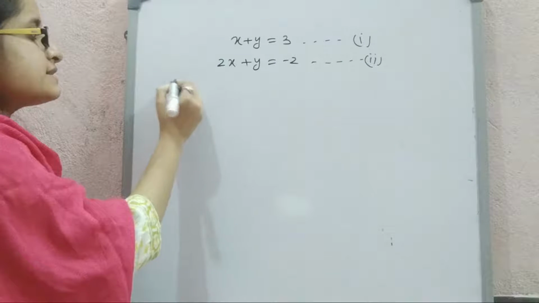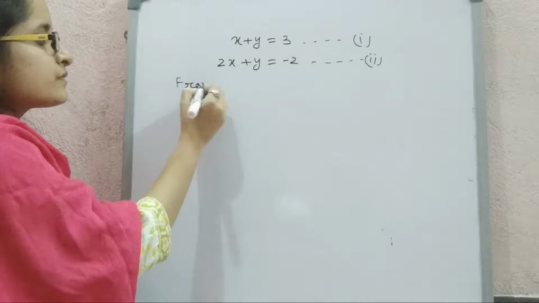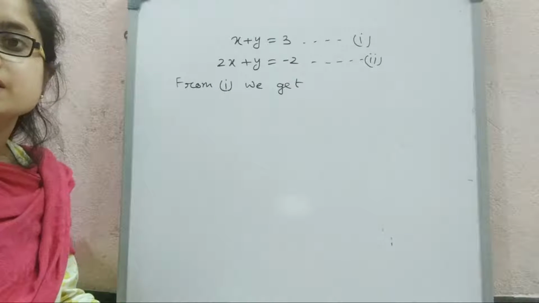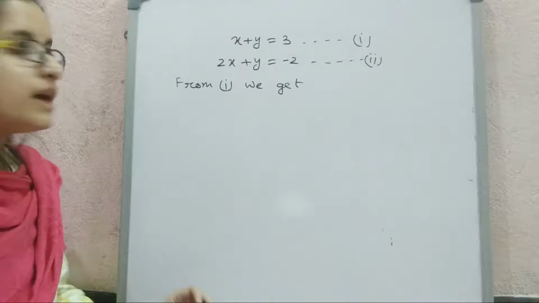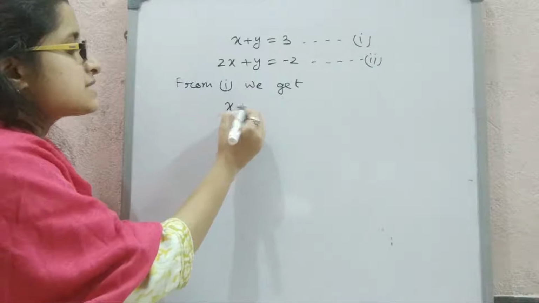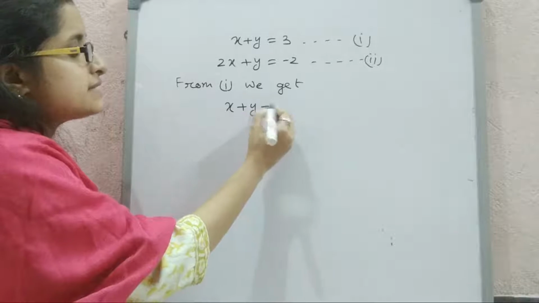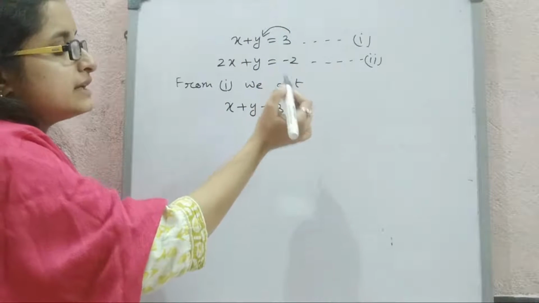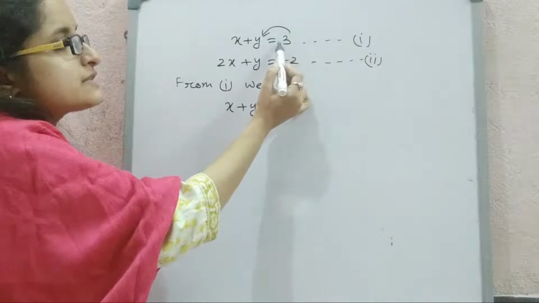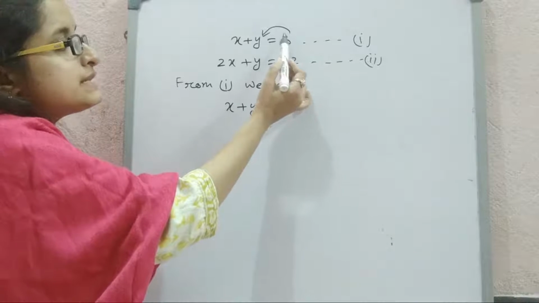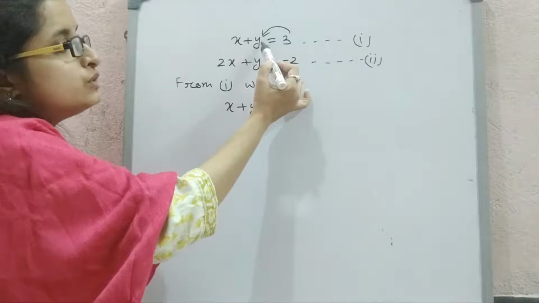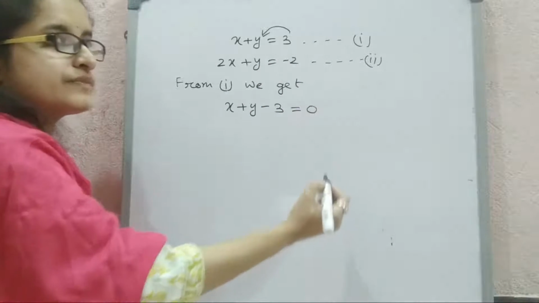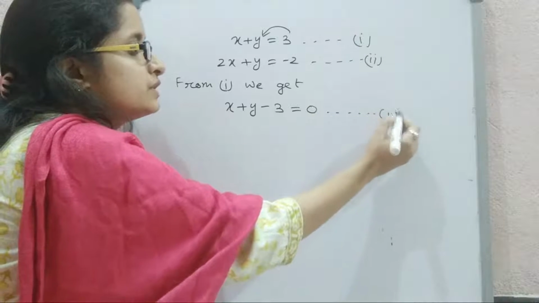First, from 1 we get x plus y is equal to 3. The 3 changes to the left side, so the sign changes, and it will be x plus y minus 3 is equal to 0. This is equation 4.